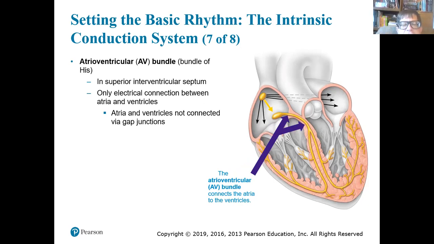The atria and the ventricles are not connected through gap junctions, but all the atrial cells are, all the ventricular cells are, and there is a connection through the AV bundle, but nowhere else. Like I said, think of the AV septa as being an insulating layer. All right.